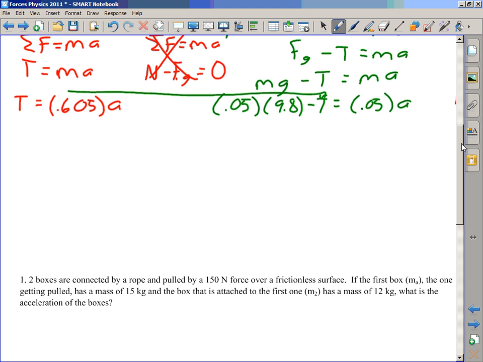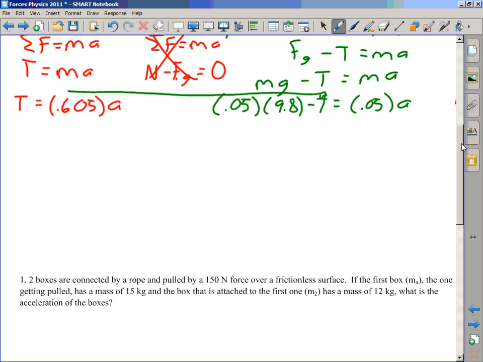Everybody see that? The easiest thing to do is, I've already got T equals MA, right? T equals 0.065 times A. The easiest thing to do is just take that tension and plug it into the other equation. You good with that?